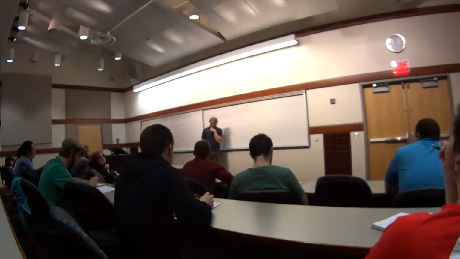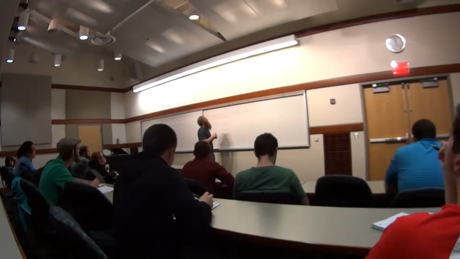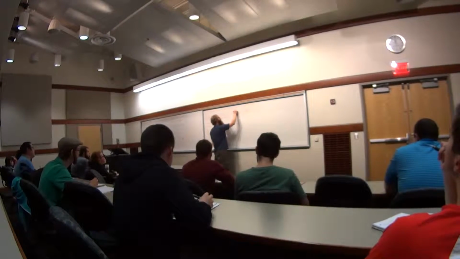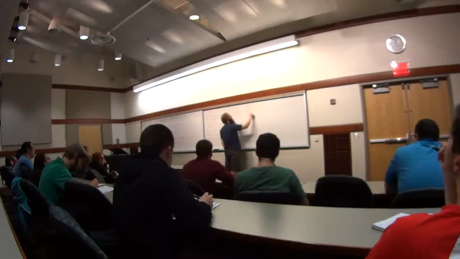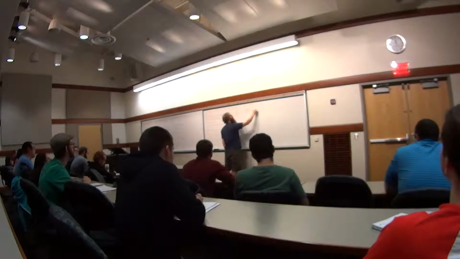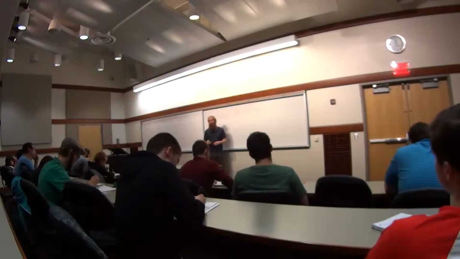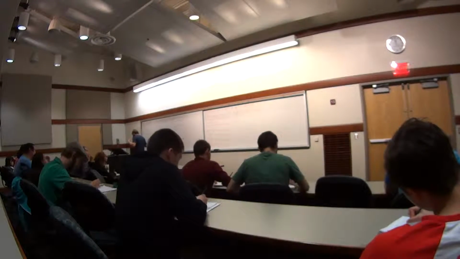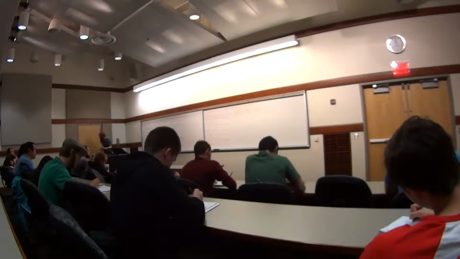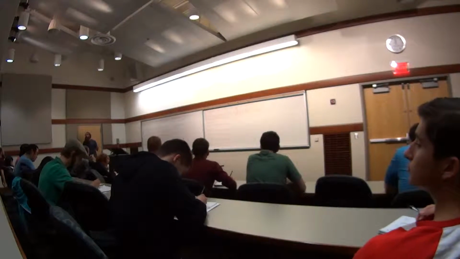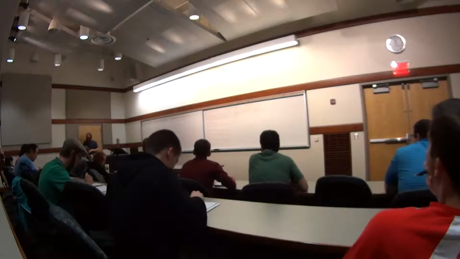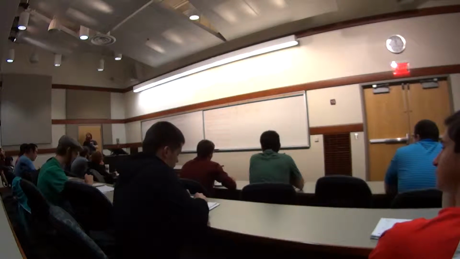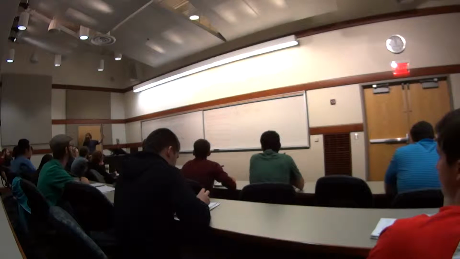So let's prove this. Here's what I'm going to do. I'm going to define this whole thing as a statement, P of n. Suppose I gave you some equation involving n, and I said this equation is my P of n.